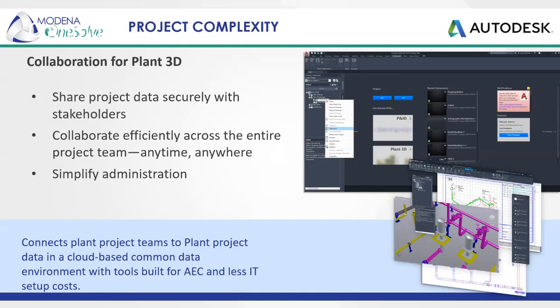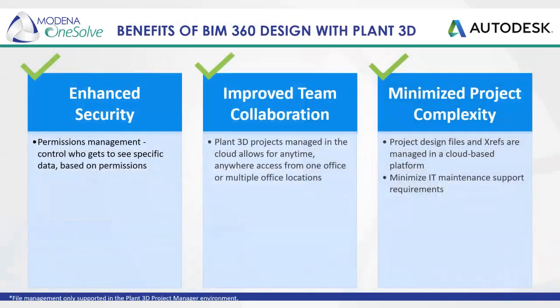Remote, co-located, and multidiscipline coordination, whether within one firm or across multiple organizations. So the benefits of BIM 360 Design with Plant 3D are obviously enhanced security, improved collaboration, and minimized project complexity.